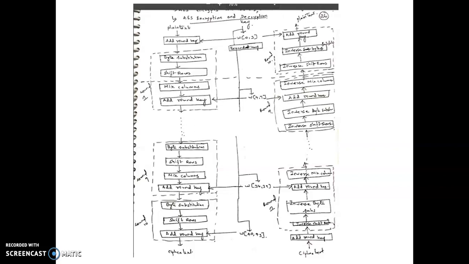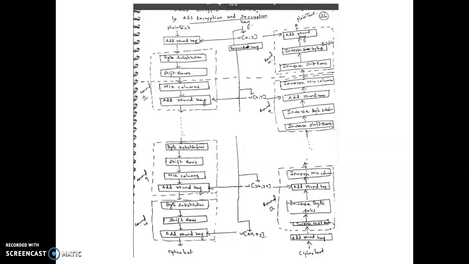Likewise, all the rounds have the same 4 functions. The condition is that the last round does not have the function mix columns. See the figure: round 10 has only 3 functions, byte substitution, shift rows, and add round key. Mix columns is not there.